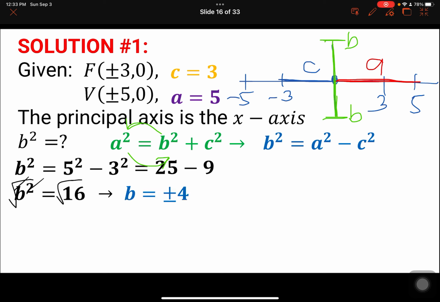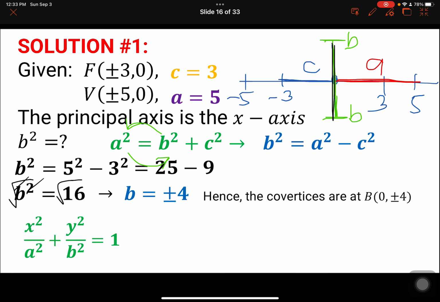Hence, ano coordinates niya? So, magiging 0 ang x, kasi dito titignan nyo yung graph natin, 0 yung x dyan. Then, positive negative 4 ang y natin. Okay?